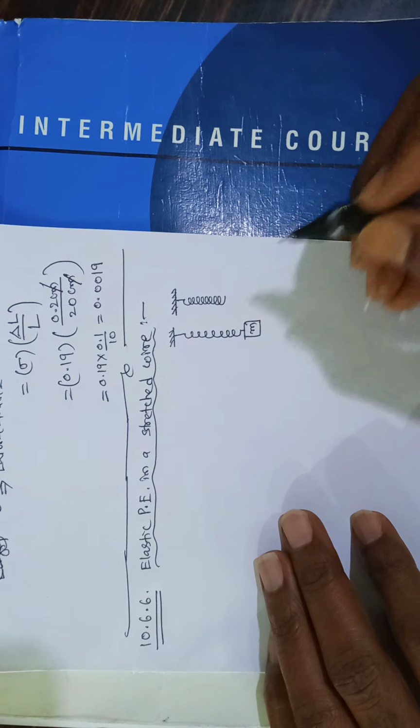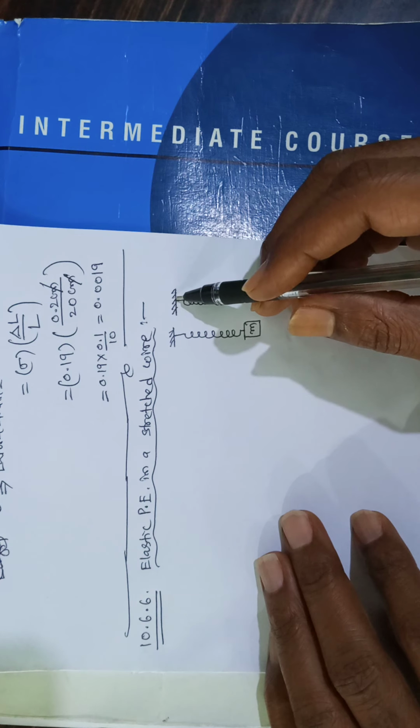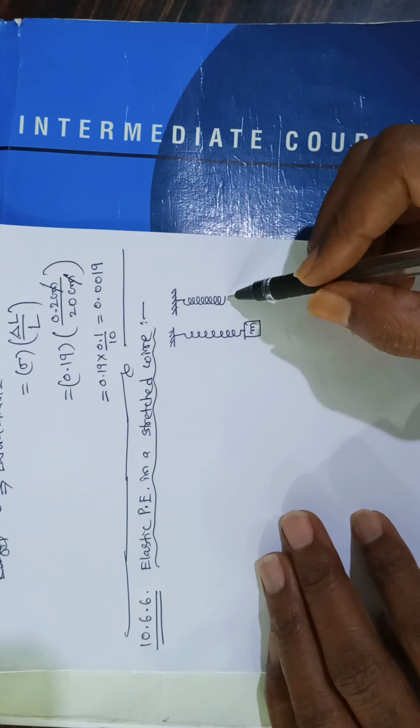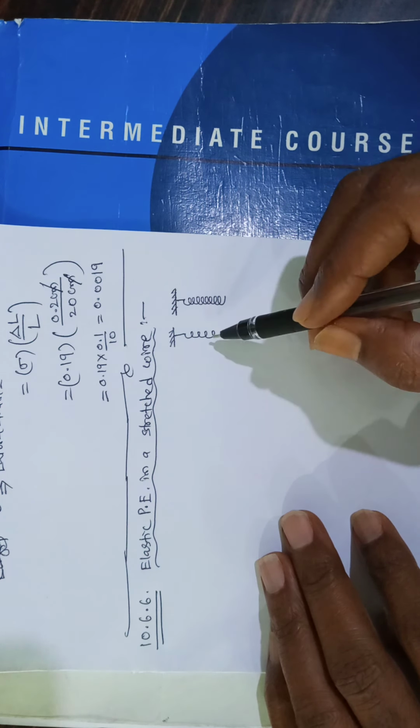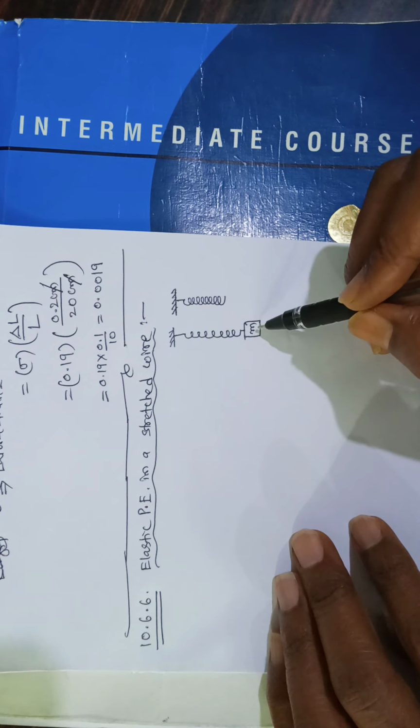Now you see here this spring is upper end fixed to a support and lower end is free, and here the same spring's lower end is attached to a mass.